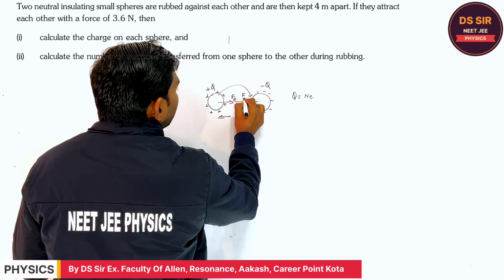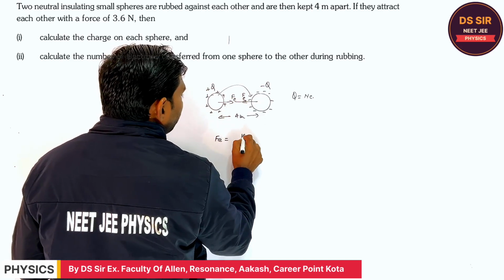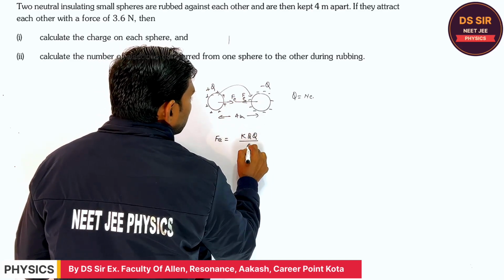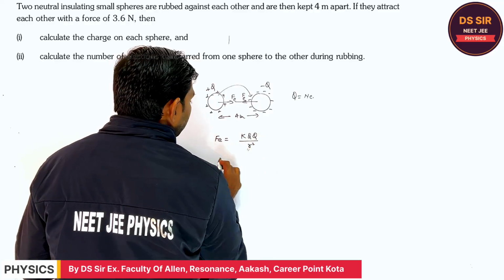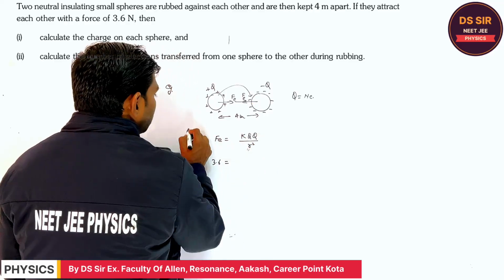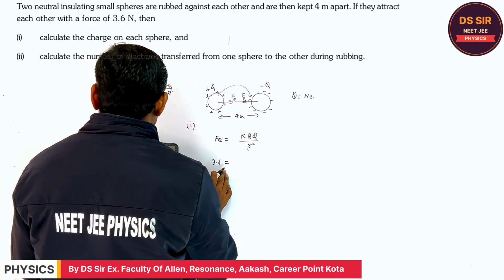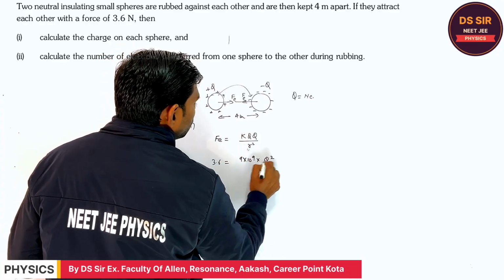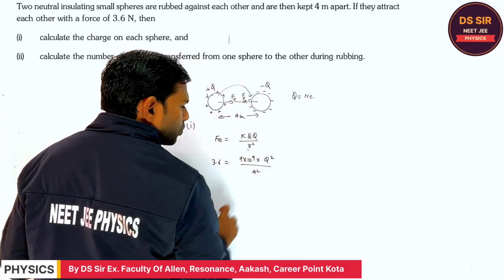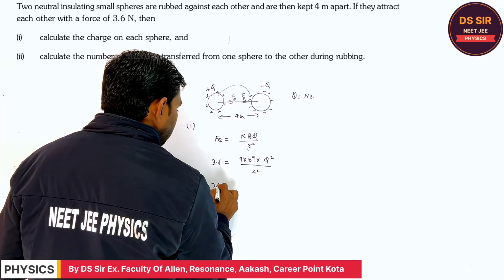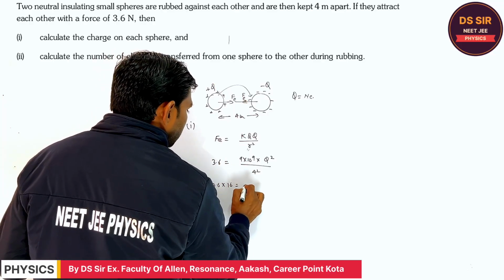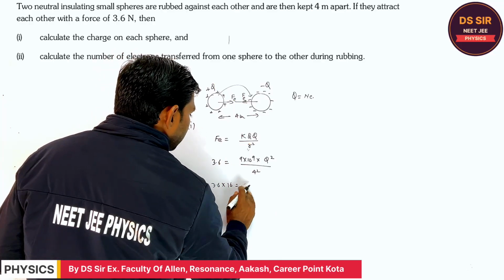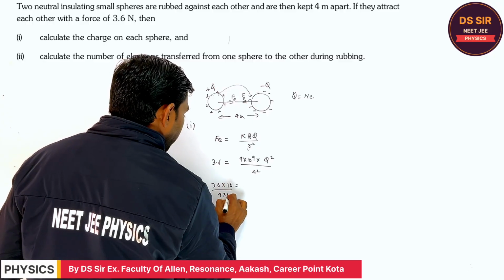So what is the electrostatic attractive force? k qQ upon r square. Fine. This value is given as 3.6 Newton. So the k is 9 into 10 to the power 9, this is q square and this is 4 square. So this may be written as 16, 9 into 10 to the power 9 will come in the denominator.